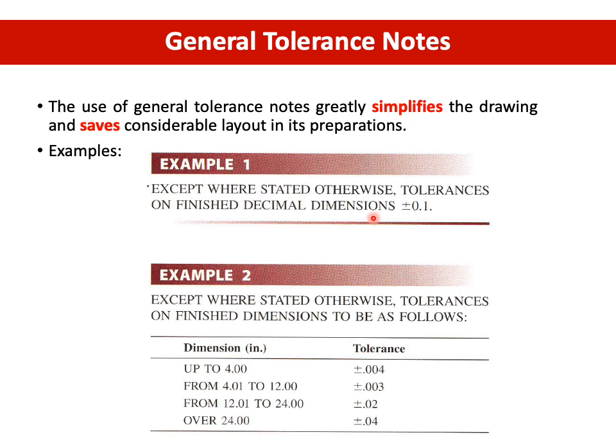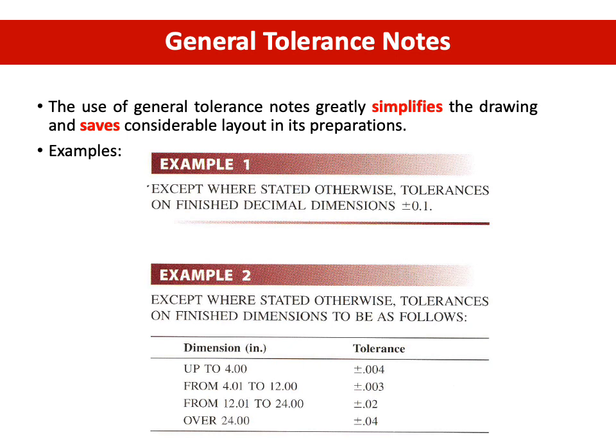So it actually summarizes for all your dimension sizes. This is another example in inch, where it states the range of the dimension: if it's up to 4.0, the tolerance is 0.04. So this summarizes different ranges with different tolerances.